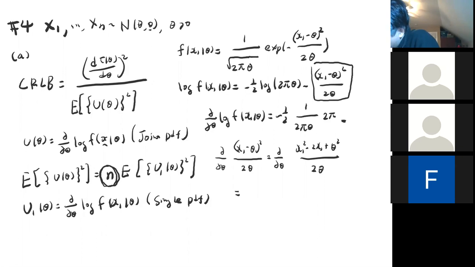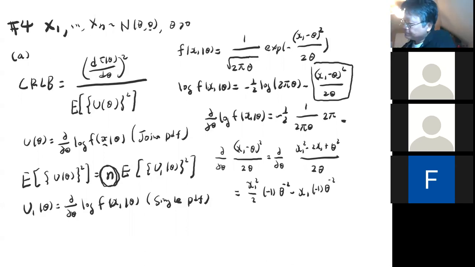let me see, x1 squared over 2 times theta inverse, minus 2, right? This guy is theta inverse. And then minus x1, and then cancel out. Again, this guy is theta inverse, because it's the same thing.